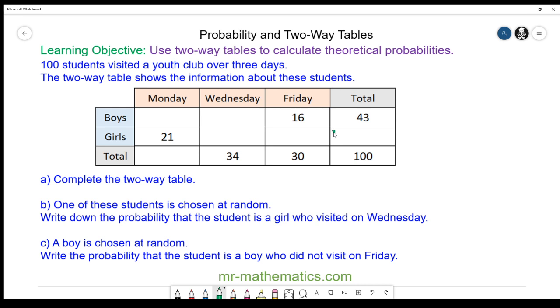We can work out this value using these two. We can work out this value using these two. And we can work out this value using these 3. Whichever way you want to start doing that is totally up to you. I'll give you 30 seconds or so, and then we'll go through a little bit of it together.